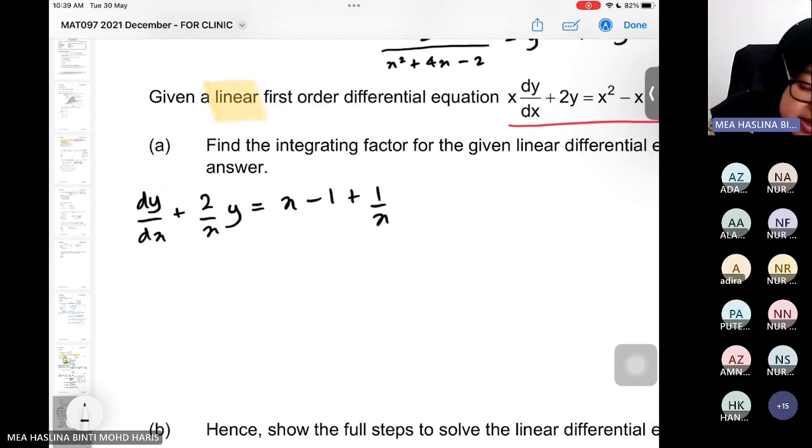That's actually step 1, the standard form. Step 2, you identify p(x) equals 2 over x.